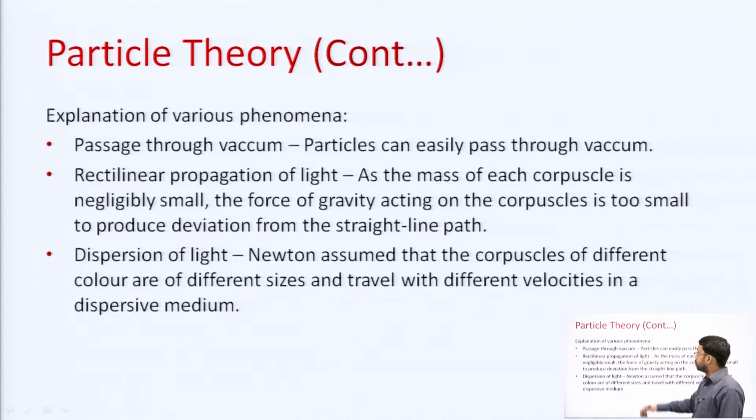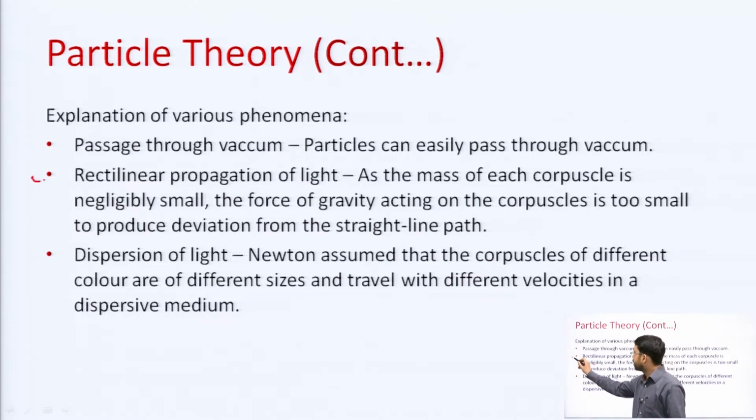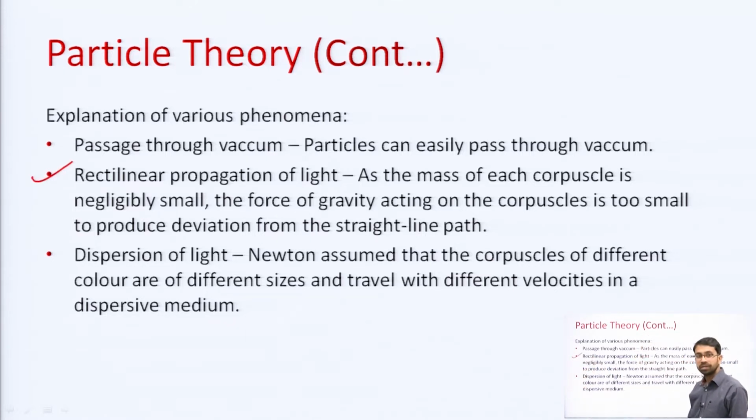Passage through vacuum. So, particles can easily move or pass through vacuum. Okay, so this fundamental fact is automatically explained. Rectilinear propagation. Rectilinear propagation means light travels in a straight line. Even gravitation cannot change the path of light.